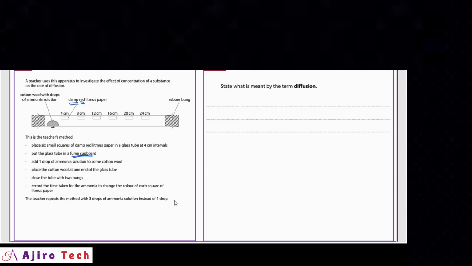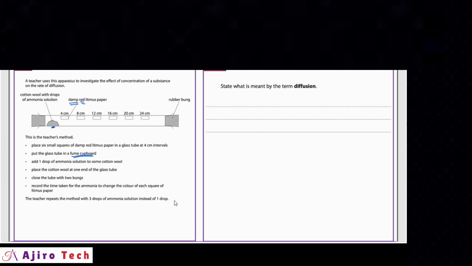The fume cupboard is a kind of cupboard that scientists or researchers make use of when they are working with dangerous gases or dangerous chemicals that produce fumes or corrosive, dangerous vapor, so that the person working with such chemicals will not be exposed to the vapor.